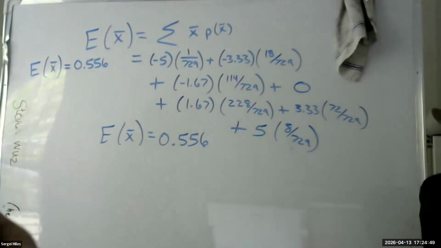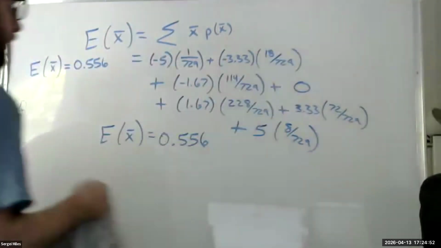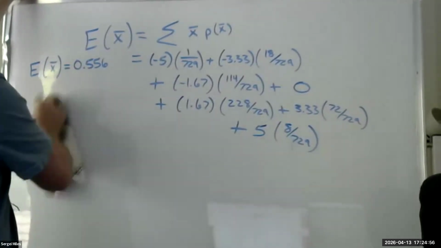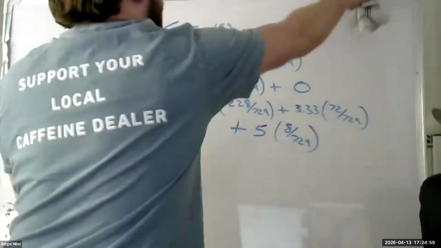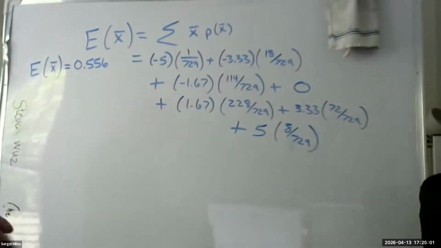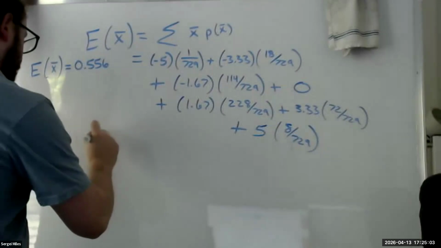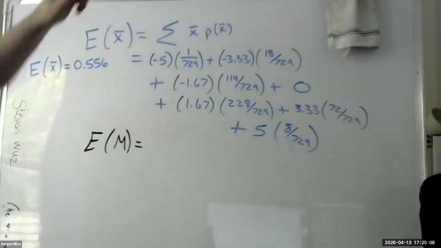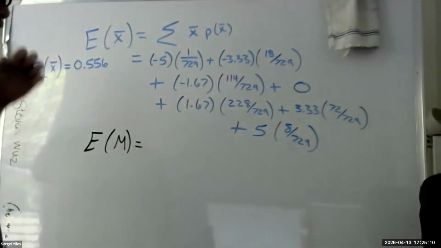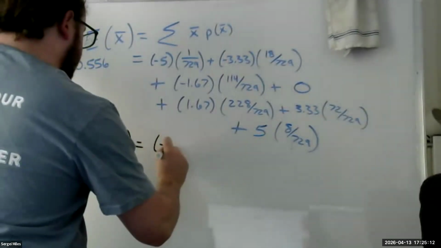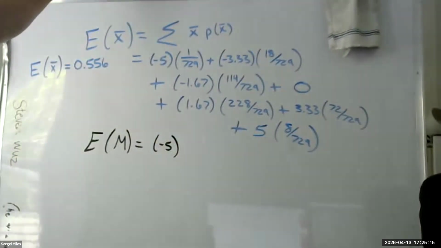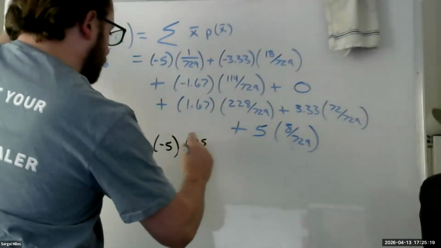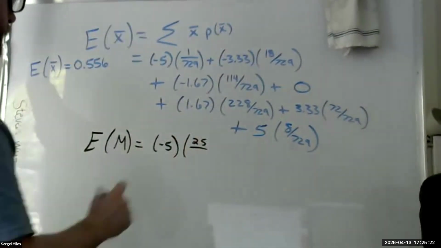Is the median a good indicator or a better indicator? How do we know? We check the expectation for its sampling distribution. So we're going to calculate the expectation of M. Looking back at the table, M could be -5 with a probability of 25 over 729.